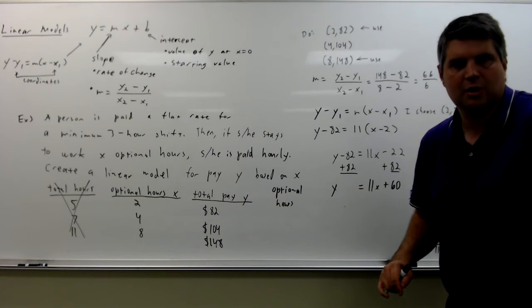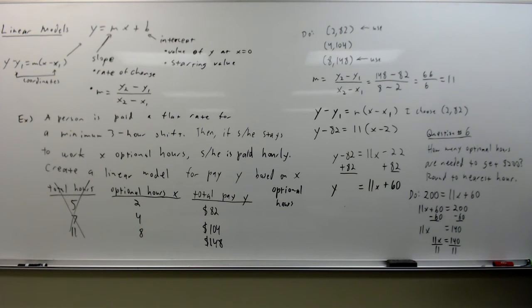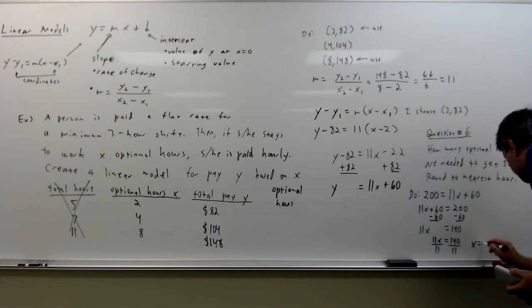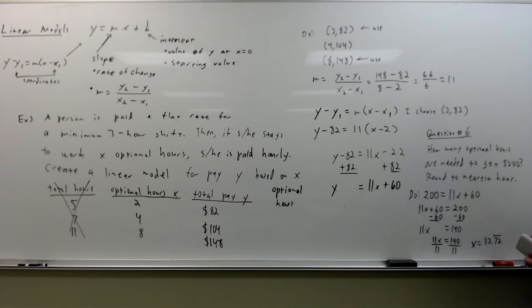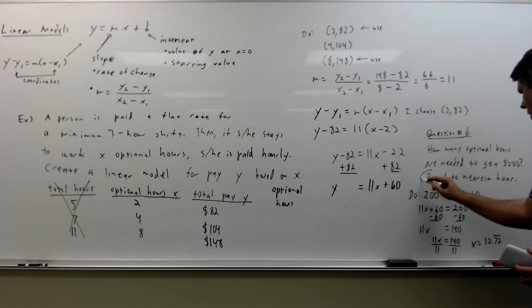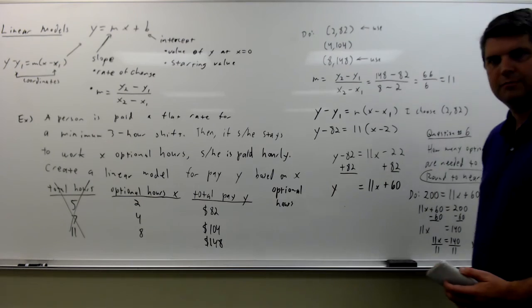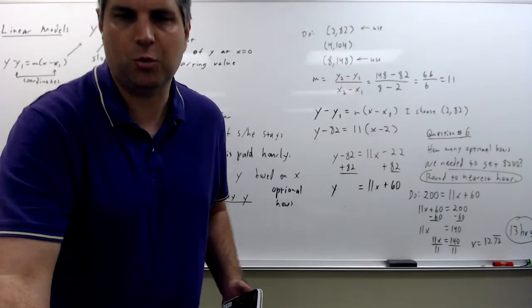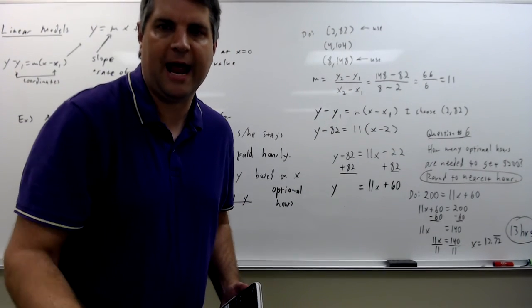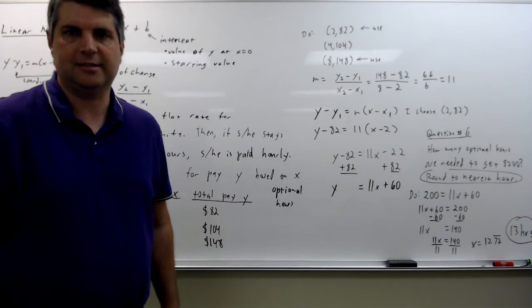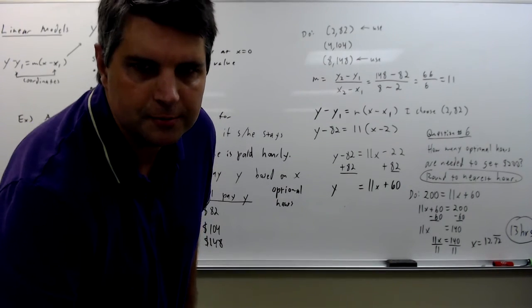So 140 divided by 11, x equals 12.72 repeating, and it says round to the nearest hour. So that amounts to 13 hours. The person will need to stay and work 13 hours to get $200.